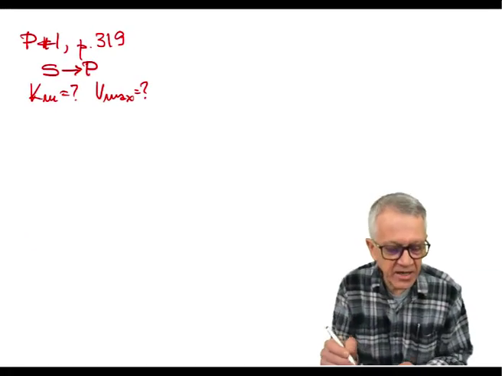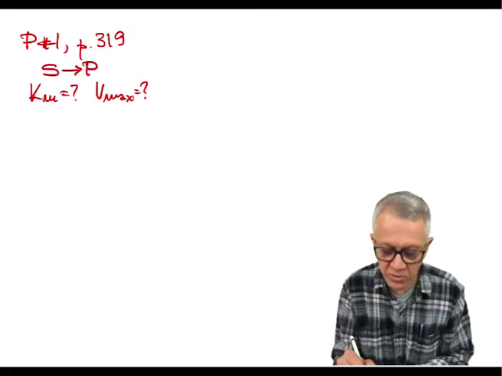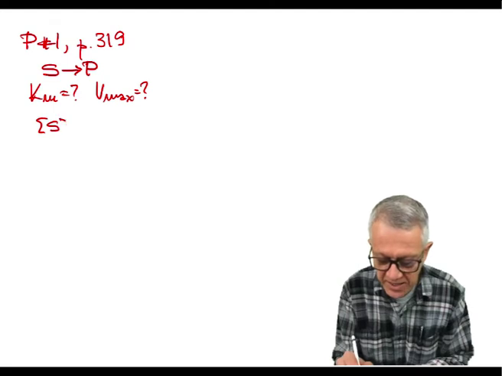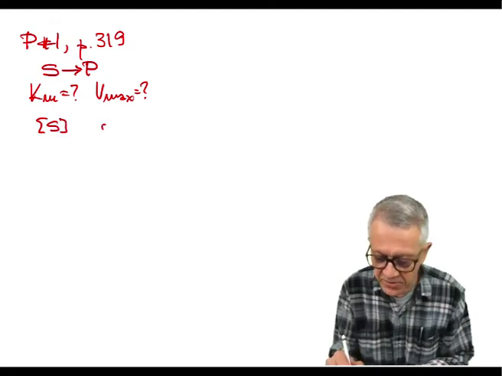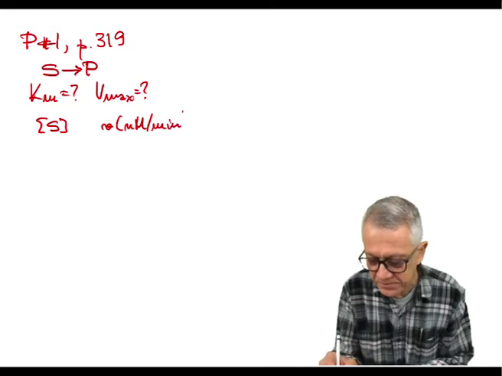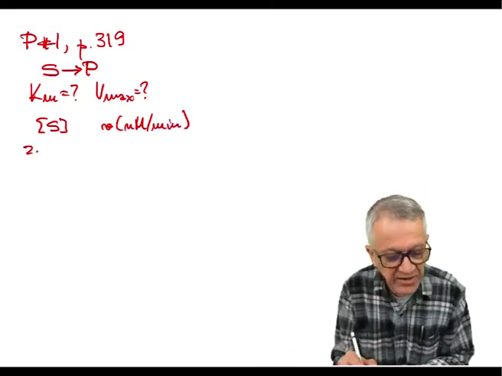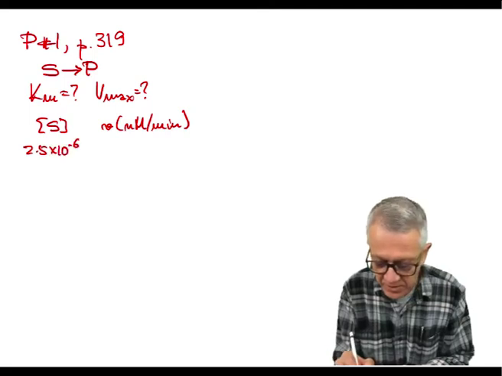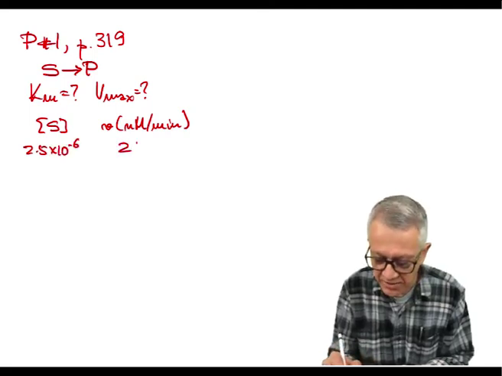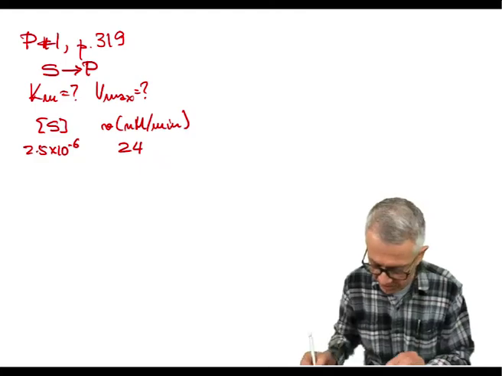Now let's find an approximation for that problem. Okay, so we have the concentration of S and the velocity of the reaction given in nanomolar per minute. Let's pick the first two points. That's 2.5 times 10 to the power of negative 6, and the velocity at that point is 24.